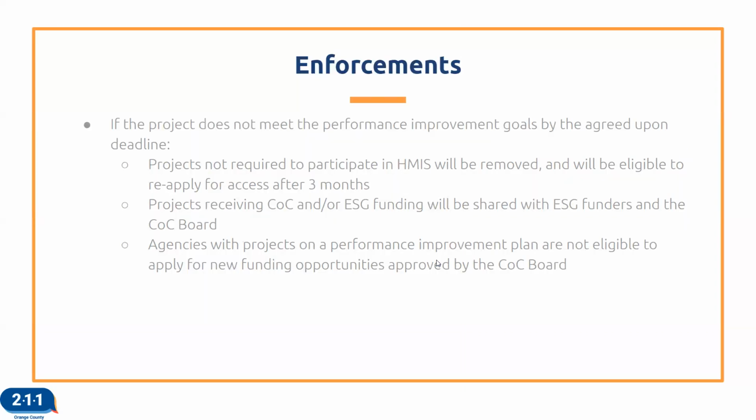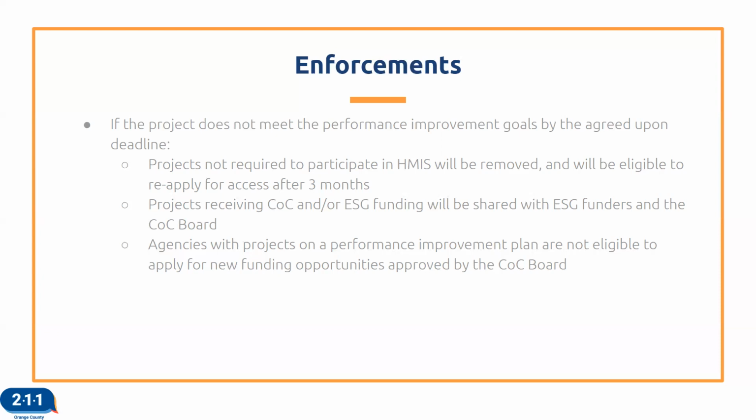Let me go back. Okay, so that was the different components of the data quality plan. The next steps for the plan: when we send out the meeting minutes for this meeting, I will include the data quality plan as well as the chart that has the tools for data quality for all the agencies.